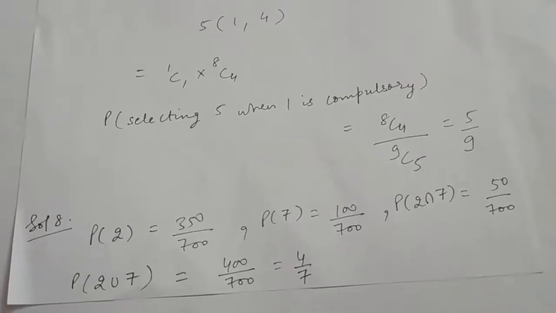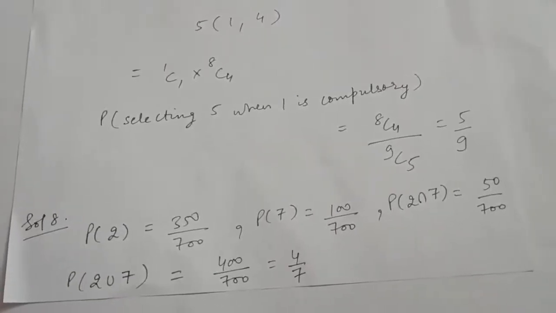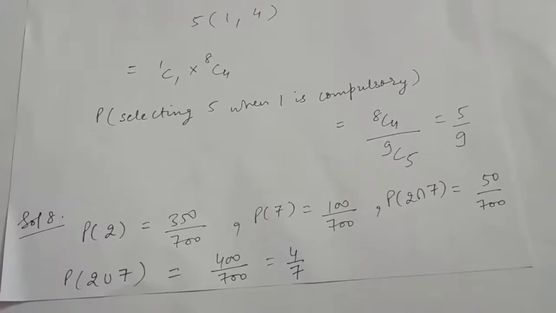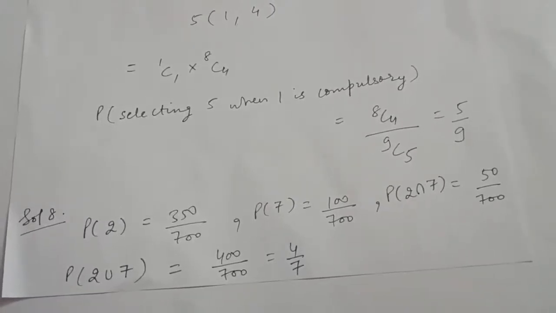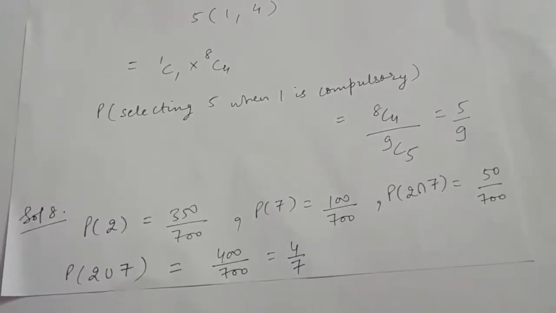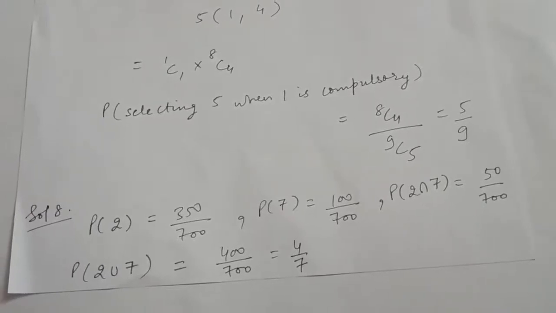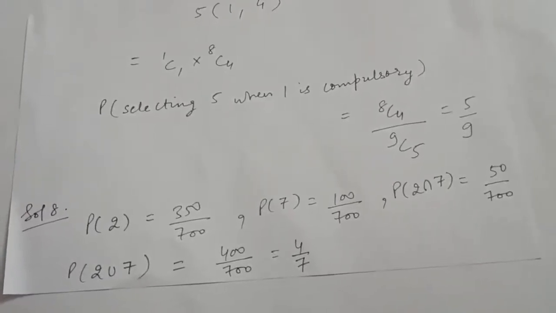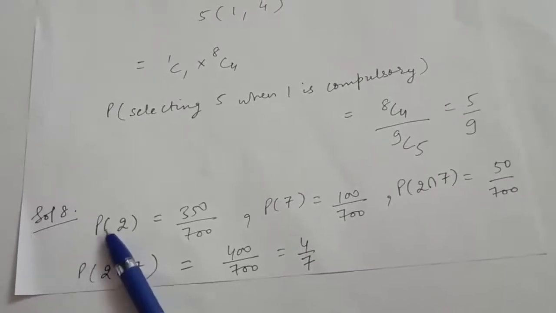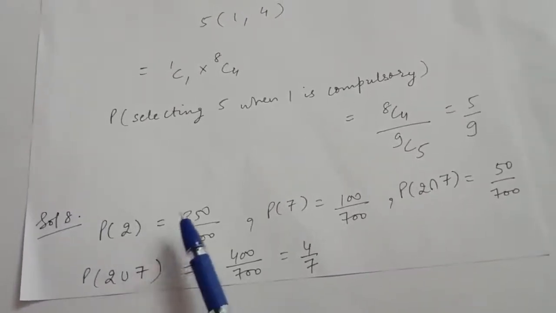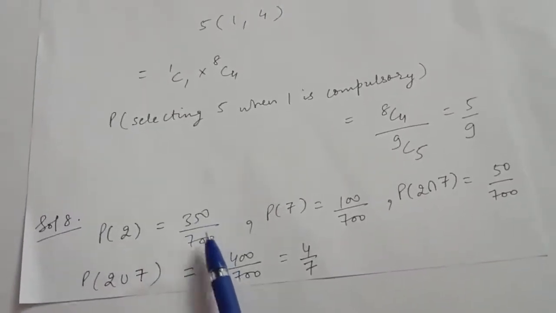Now question number 8 is that a number is selected from 1 to 700 and we have to tell the probability that the selected number is divisible by 2 or 7. Now OR means union. So probability that a number is divisible by 2 is 350/700. Why?